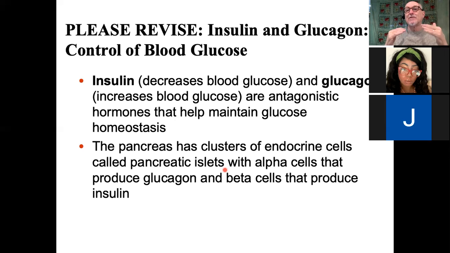The pancreas is able to release two kinds of hormone. The one hormone is insulin, which will lower blood sugar. The other one is glucagon, which will raise blood sugar. And those two systems compete with one another the whole time to maintain an optimum blood glucose level.